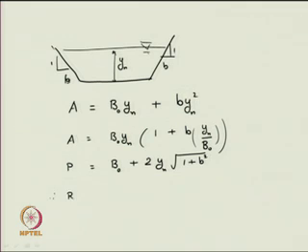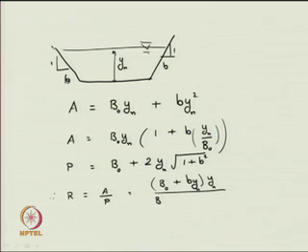Therefore, your hydraulic radius R is equal to A by P. This can be given as b naught plus m y n into y n by b naught plus 2 y n into root of 1 plus m square.